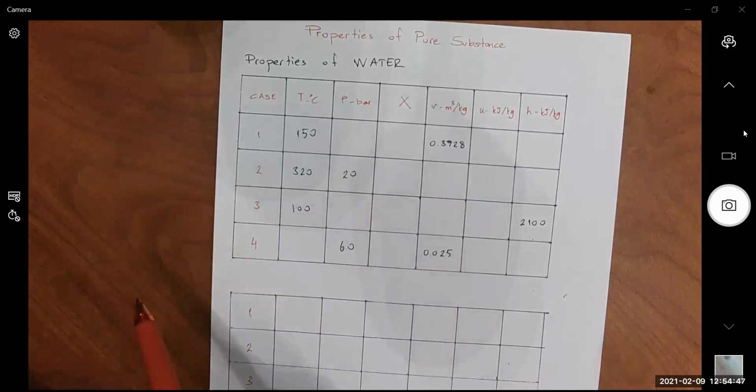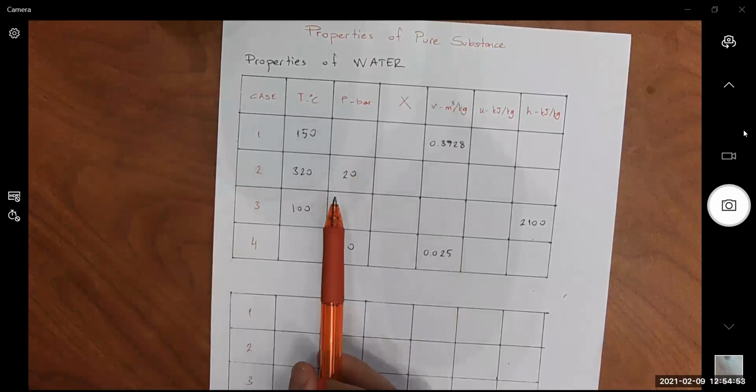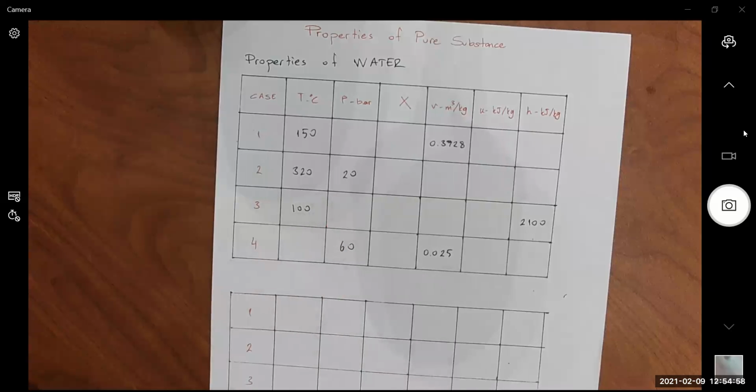Okay, everyone? Okay, good. For 150 Celsius, the saturation pressure is 4.758 bar. Did you see it? Okay, but that is a saturation pressure. We don't know if our pressure for this case is that pressure.